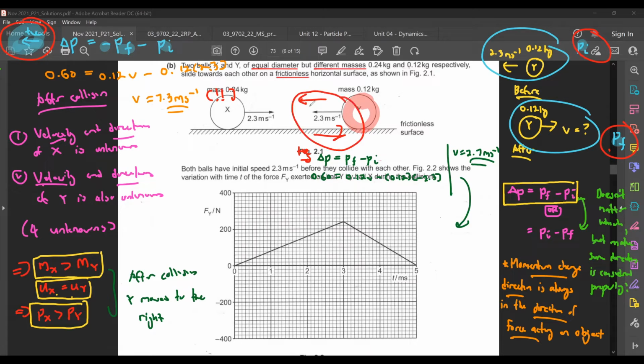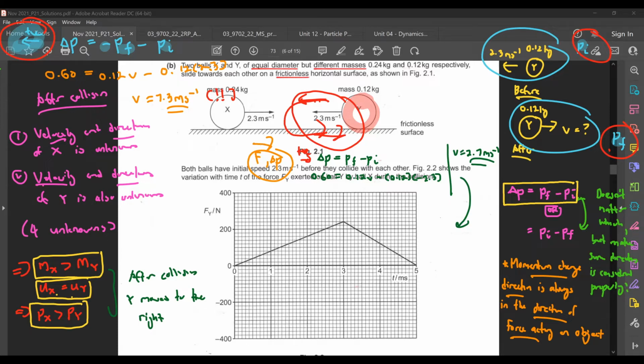For it to go from moving left and then back towards the right, this implies you have a force acting towards the right. This is the direction of your force, and this will also be the direction of your momentum change.